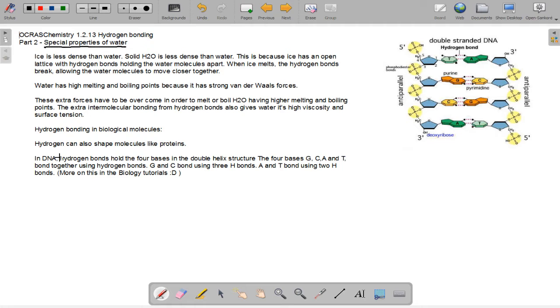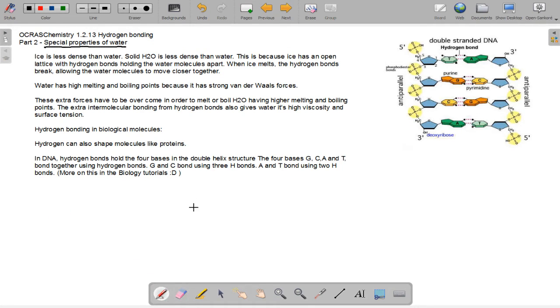They all bond together using hydrogen bonds. Guanine and cytosine use three hydrogen bonds. Adenine and thymine use two hydrogen bonds. If you want to find out more, go over to my biology tutorials.